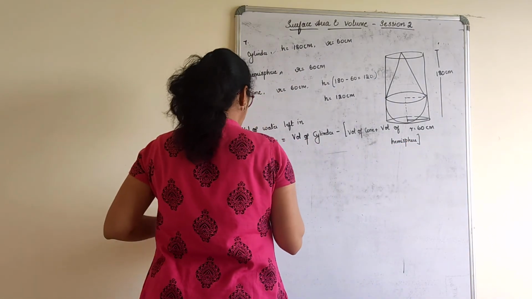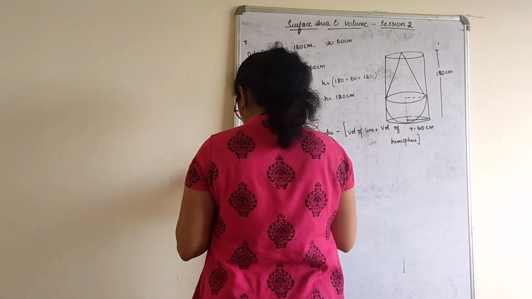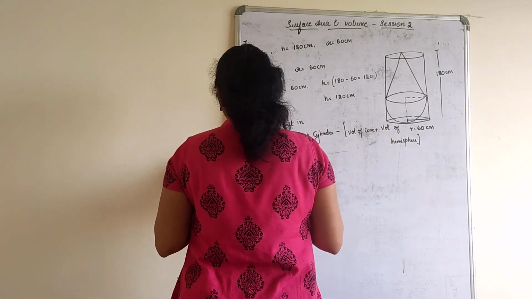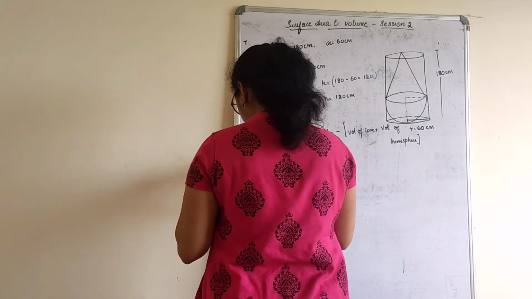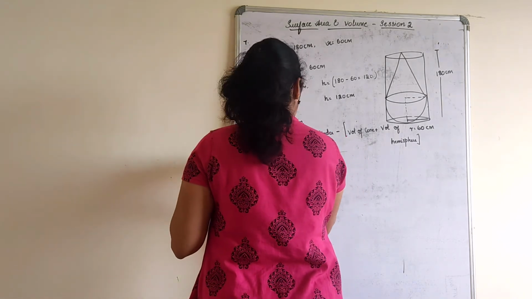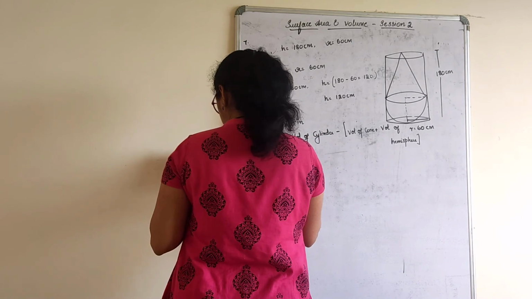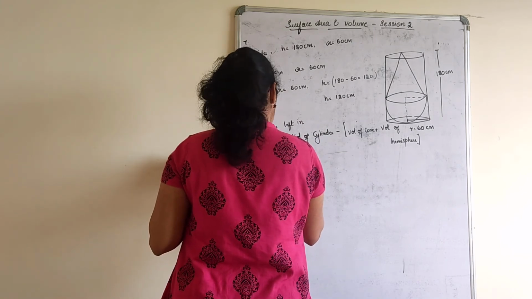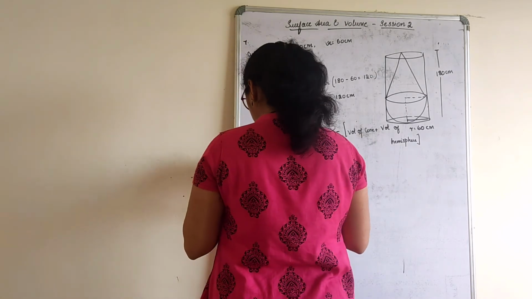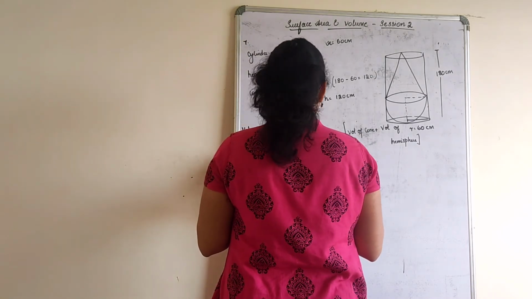So formula we have to substitute here and write. Volume of the cylinder formula will be pi r square h minus volume of the cone plus volume of hemisphere.